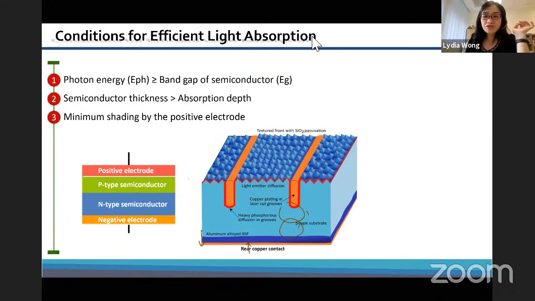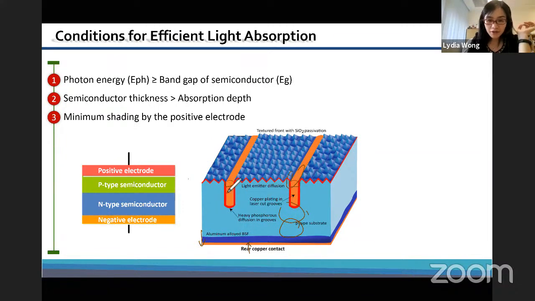Yeah. Imagine if you only have, so this is the lines, right? This is the metal lines. Initially, you have very thin layers like this. So only these lines are able to collect all your charges.